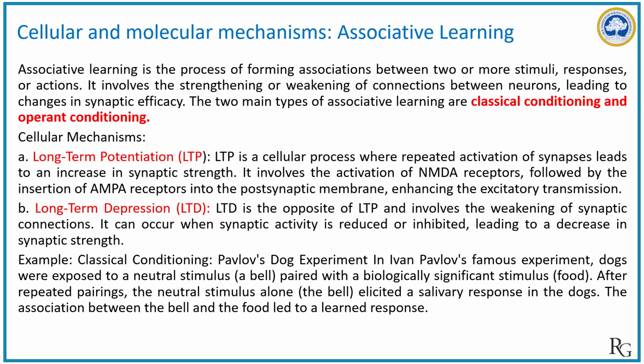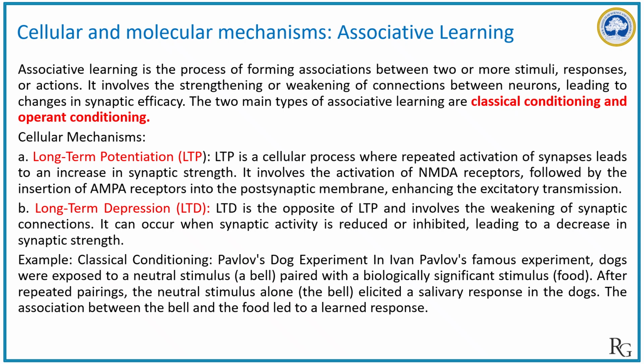In non-associative learning, it involves changes in behavior in response to a single stimulus without forming any association. The two main forms are habituation and sensitization. Habituation is a decrease in response to a repeated irrelevant stimulus.